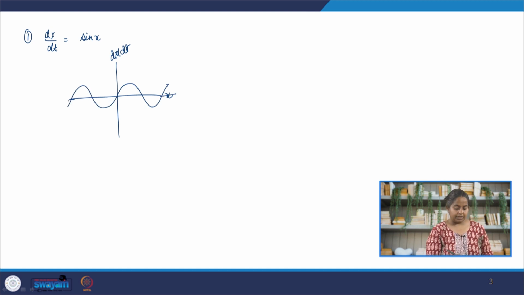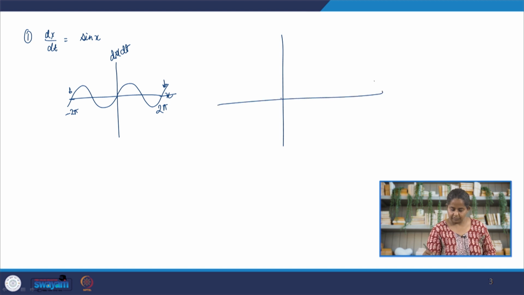So, I am going to limit myself from this fixed point to this one, from minus 2 pi to 2 pi. So, I am going to use this phase portrait to draw the diagram.